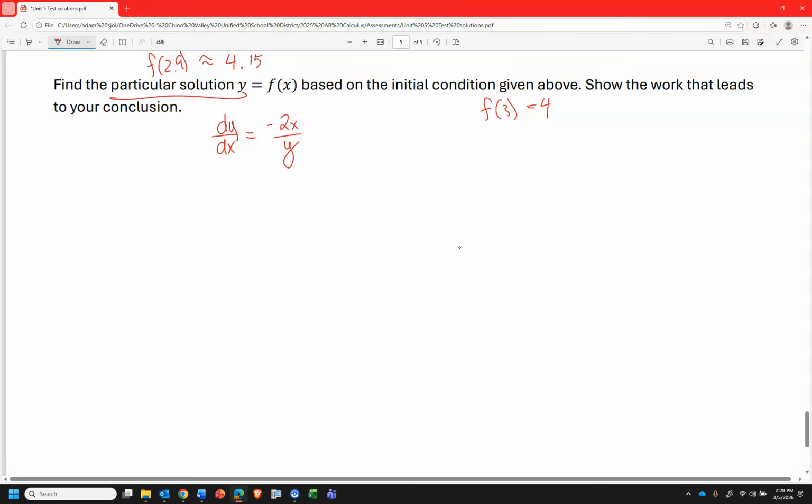Now another thing that an unbelievable amount of people did not do was algebra correctly. If you multiply both sides by y, you get y times dy. A lot of people left it as 1 over y, like they magically transferred 1 over y to both sides. Anyways, y dy is equal to negative 2x dx, so the integral of y dy is equal to the integral of negative 2x dx.